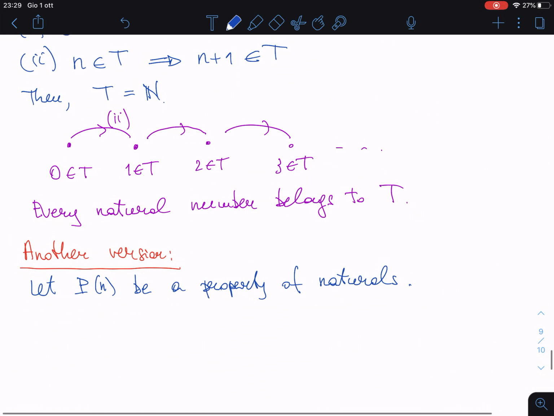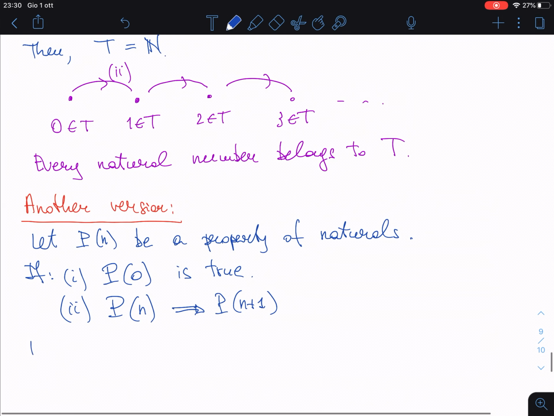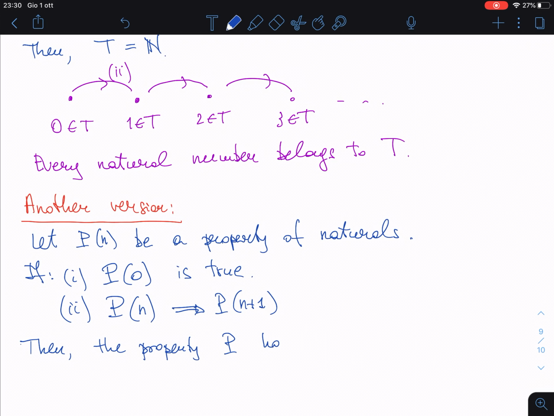Then, if P of 0 is true, is verified, first, second, and provided that we have P of n, then we have P of n plus 1, then the property P holds for all naturals.